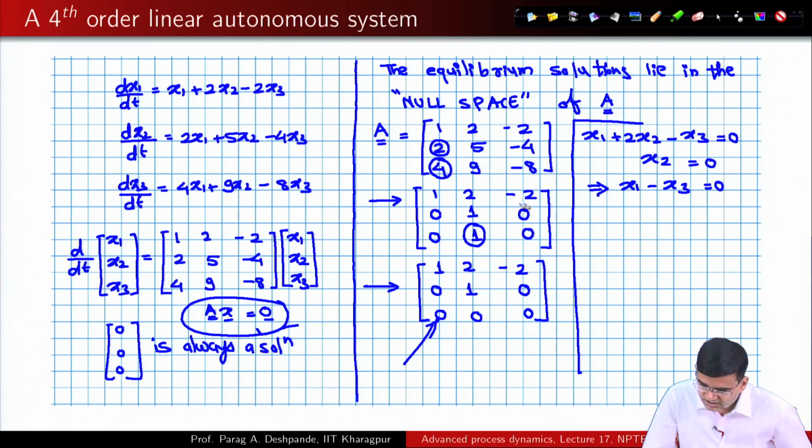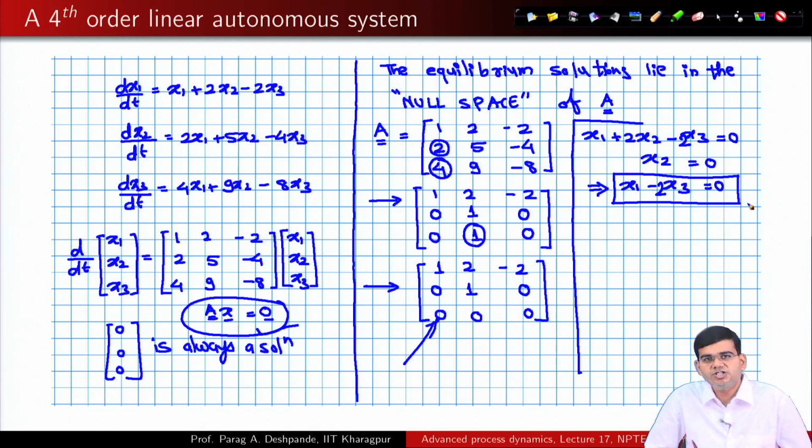Okay, I wrote this equation wrong, so it has to be 2, and therefore, x1 minus 2x3 is equal to 0. I missed the coefficient there. Now, I have one equation, x1 minus 2x3 is equal to 0.